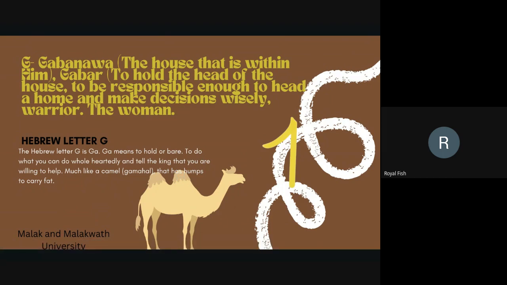So the camel also does things wholeheartedly, and it's also the way that you tell the king that you are willing to help. So if you carry a kind spirit or a kindred spirit or a hearken spirit or a love spirit or any kind of spirit that you hold and you're able to give and do wholeheartedly from, that is how you tell the king, our father, that you are willing to help.